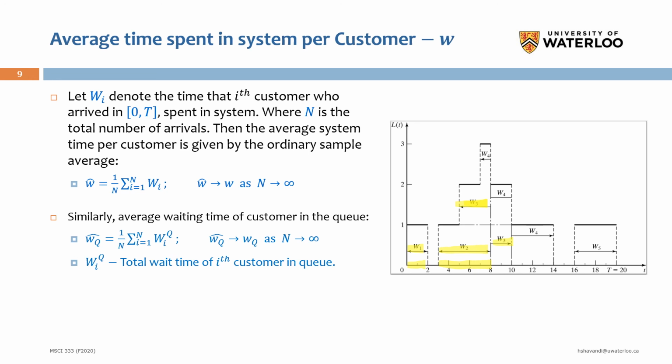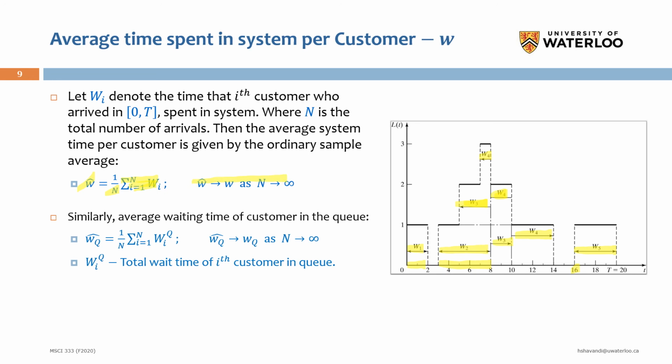And customer number 4 arrives in the system at time 7 and is still in the system up to time 14, right? And customer number 5 arrives at time 16 and departs at time 20. So here we have the time spent by each customer in the system. If we add up all the time spent by customers and then divide it by n, the total number of customers, that will be W hat, an estimation for the W in the long term, right? The average time spent in system per customer.